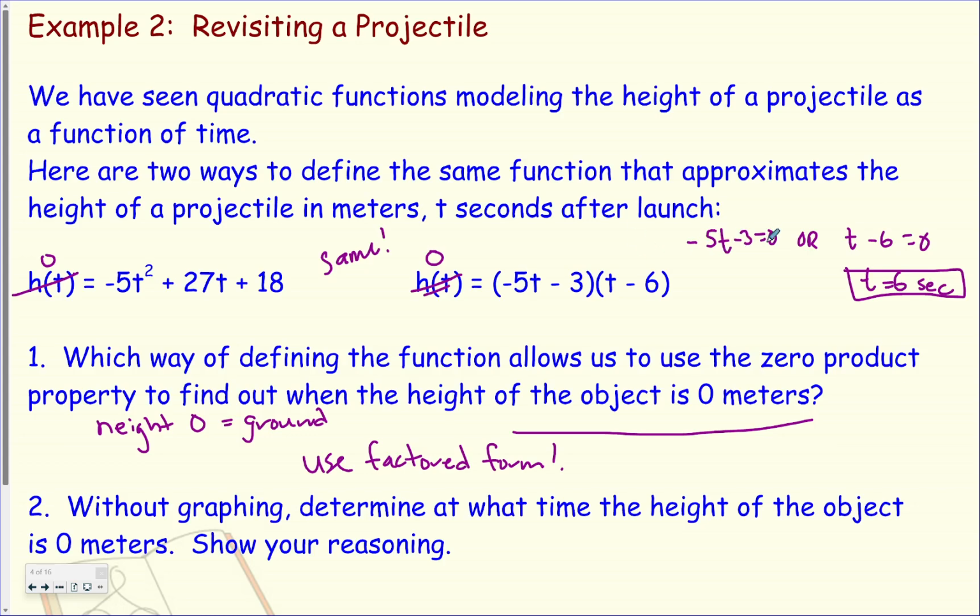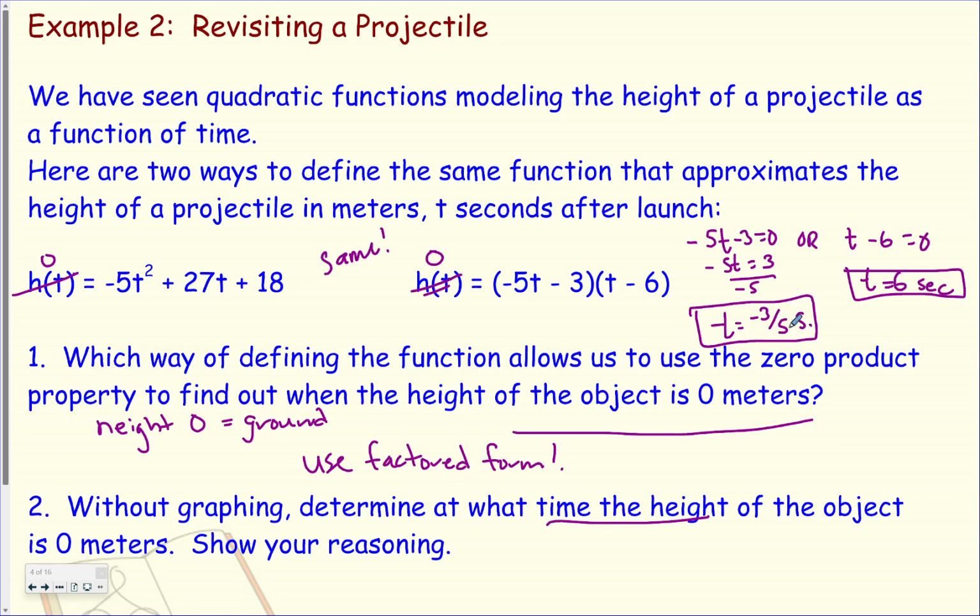If I add 3 to both sides, I get negative 5t equals 3, and then I divide by negative 5, and I get t equals negative 3/5 seconds. At what time does the height of the object become 0?